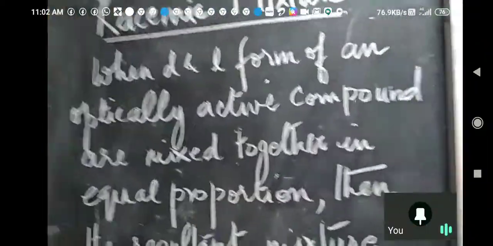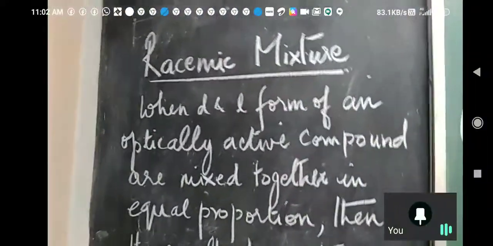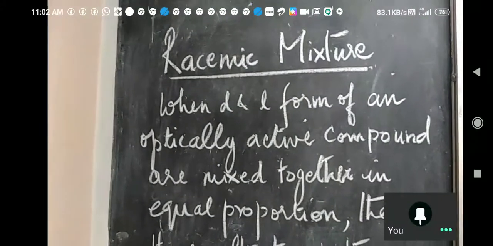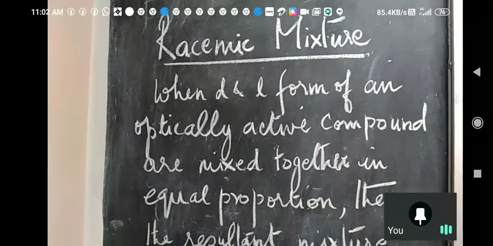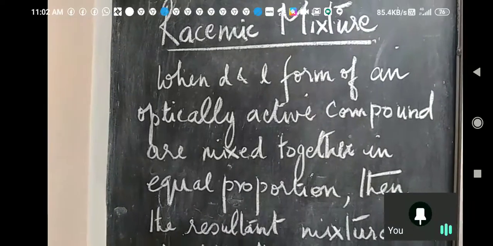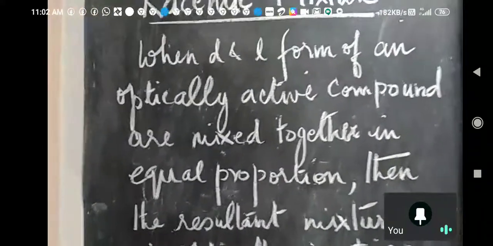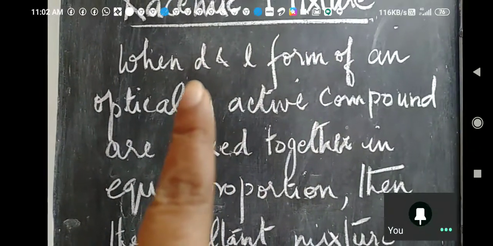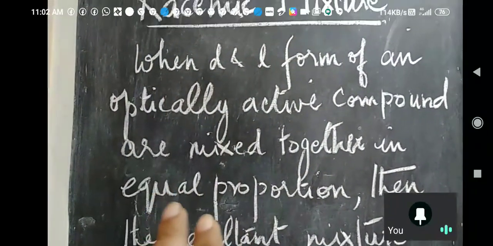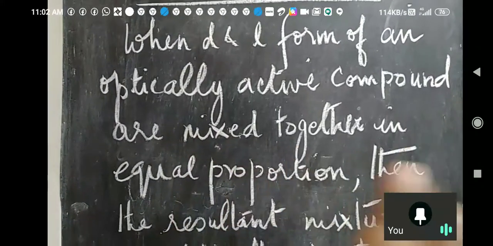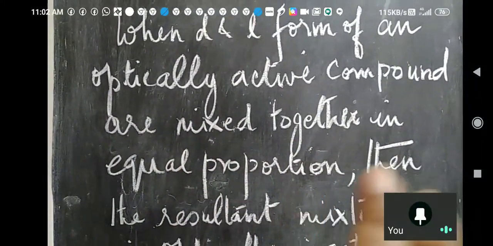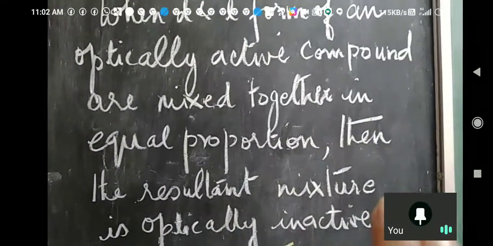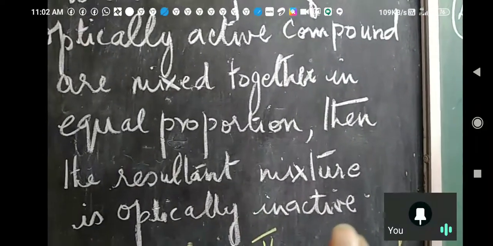Now come here. Racemic mixture. When D and L, means dextro and levorotatory form of an optically active compound, are mixed together in equal proportion, then the resultant mixture is optically inactive.